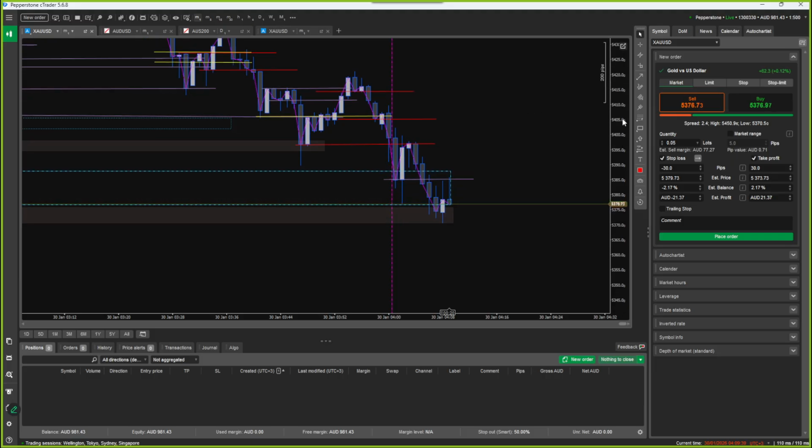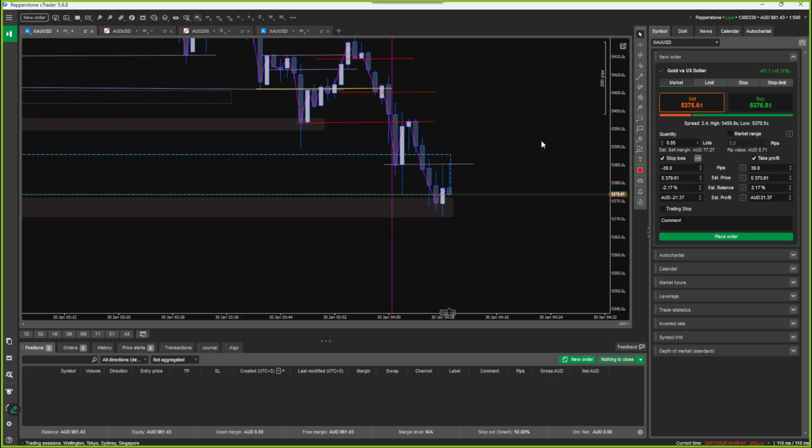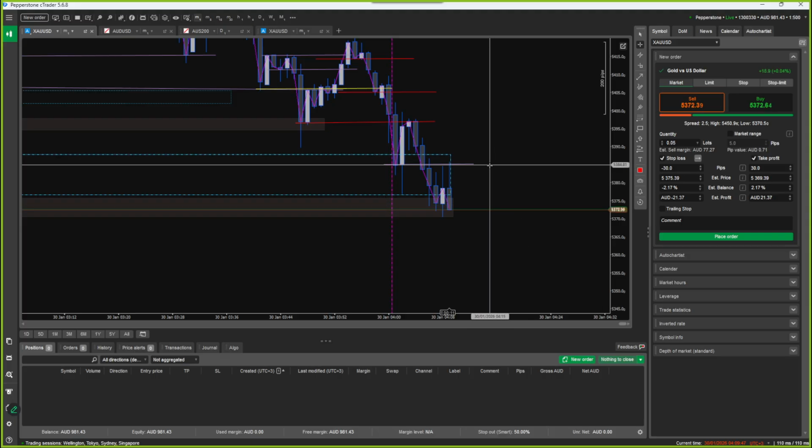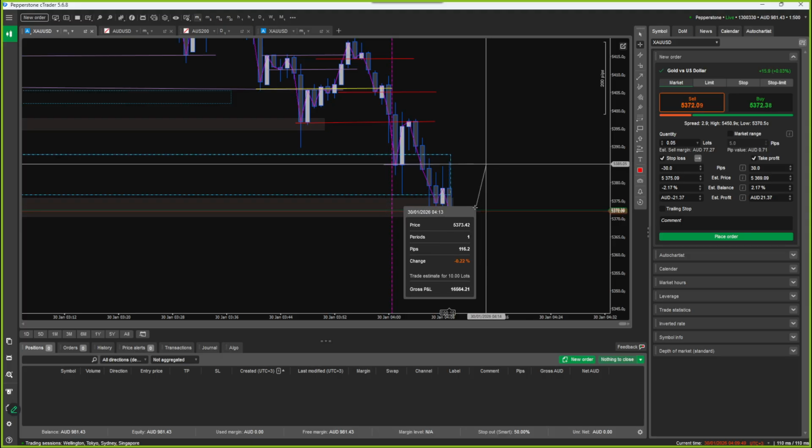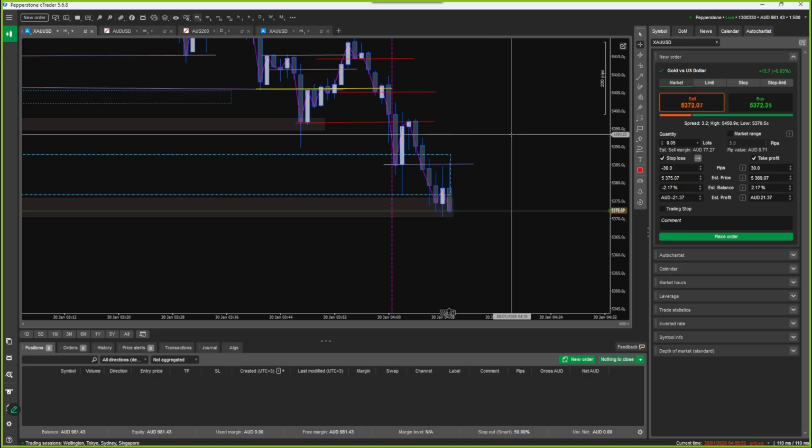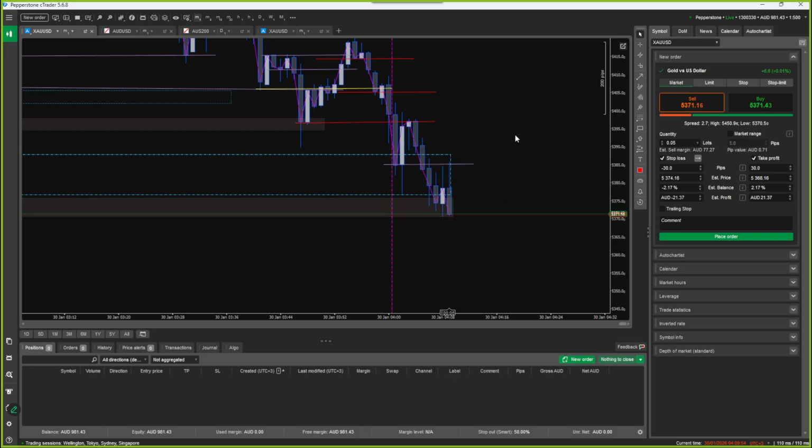Sometimes, in this last week or so, the range of the candles just blows me away. From that purple line down to where it currently is now, it's 133 pips in that candle.